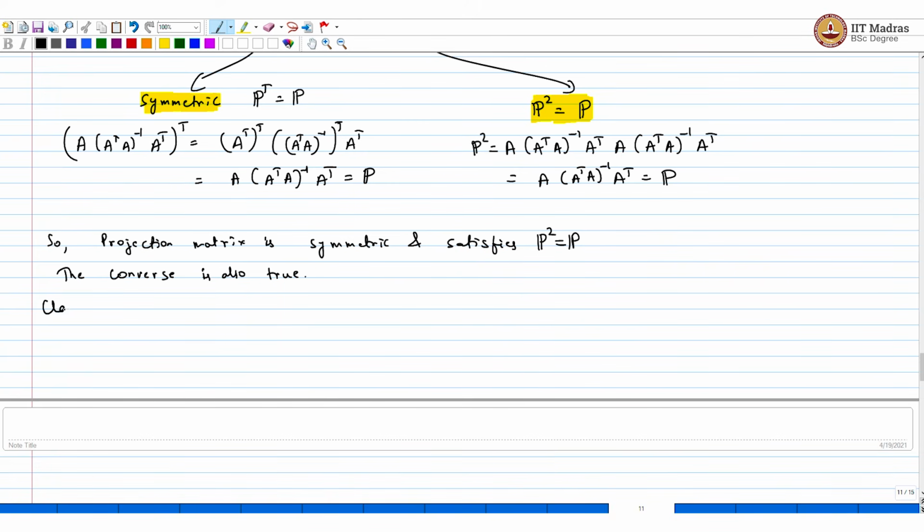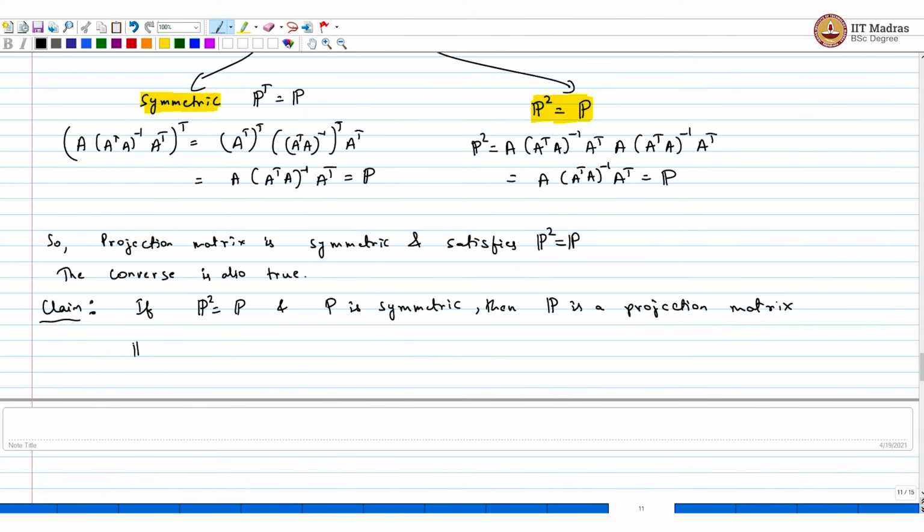That is, the claim is: if P squared equals P and P is symmetric, then P is a projection matrix. That is the converse.